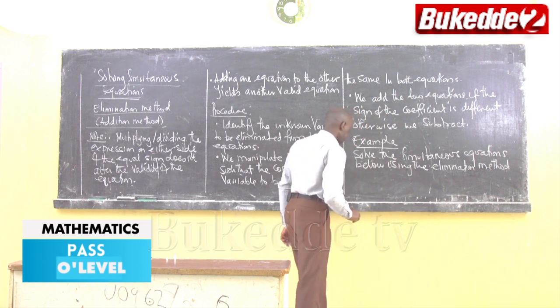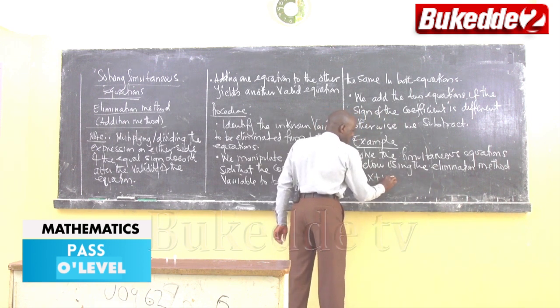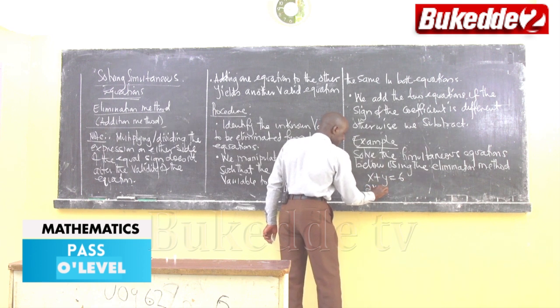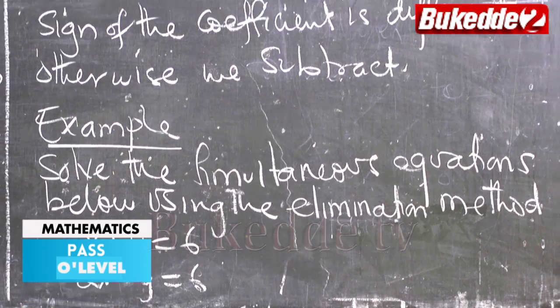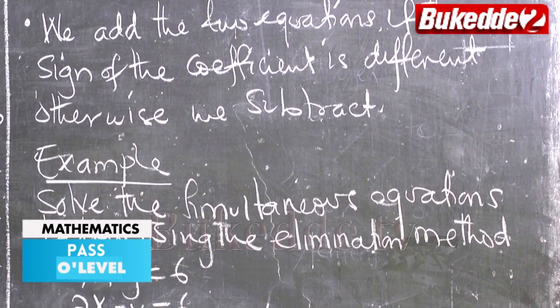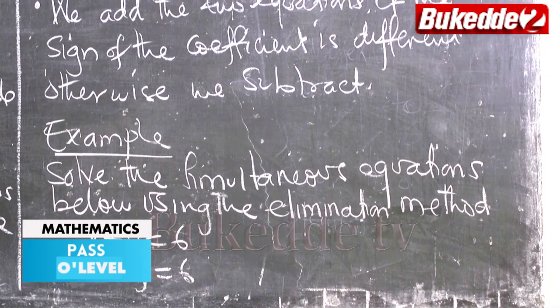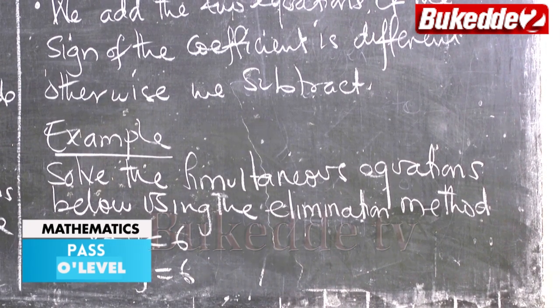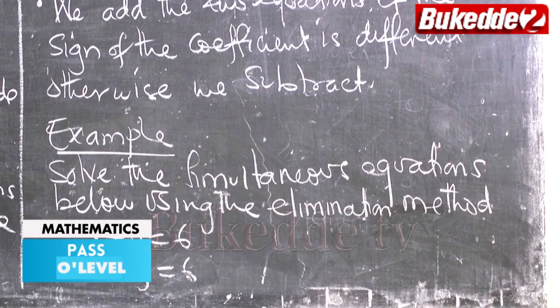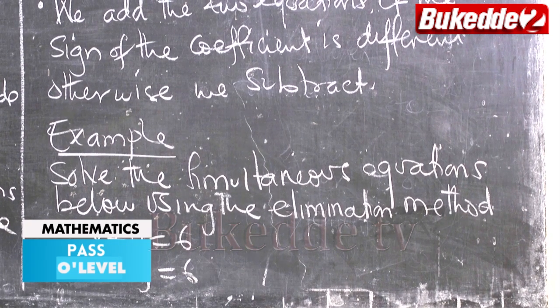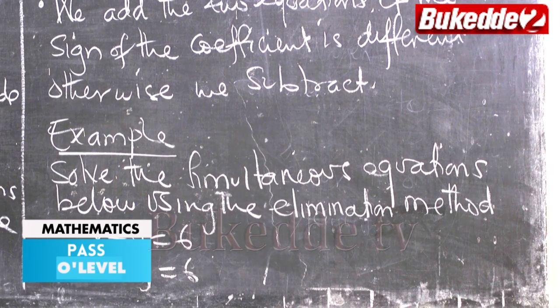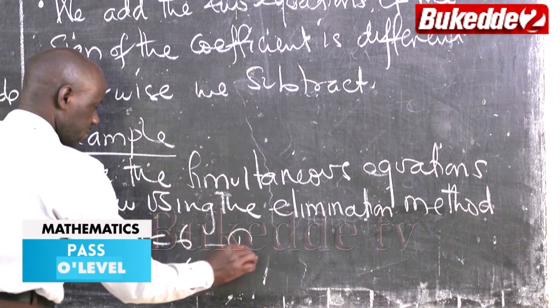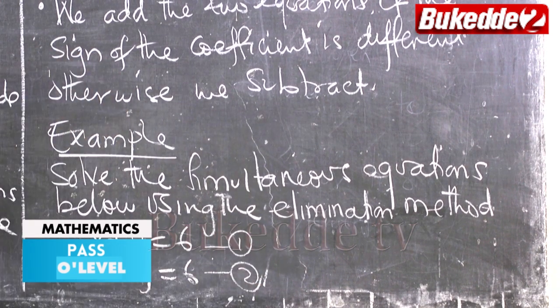And these are our equations: x plus y is equal to 6, and 2x less y is also equal to 6. So there we are. We have our equations. The task at hand is to ask ourselves, how do we proceed from here? We could call this equation 1, and this equation 2.